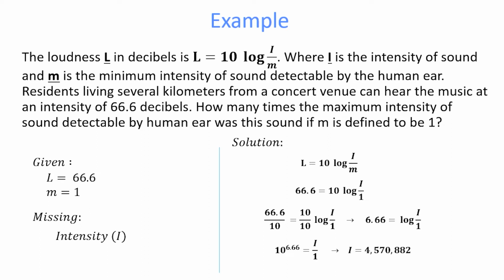If I use the exponent form, I will get 10^6.66 = I/1. Well, I over 1 is simply I, isn't it? So if I type the left-hand side into the calculator, I will get this result on the screen.